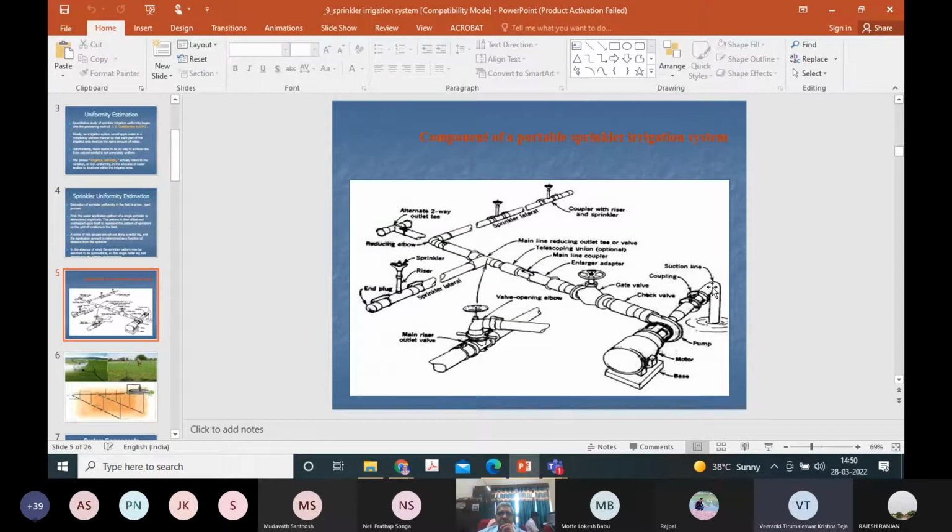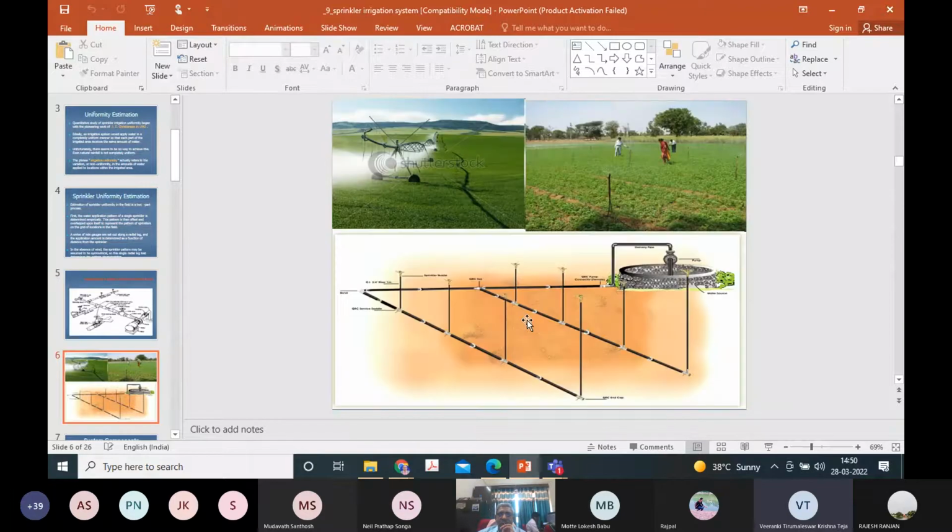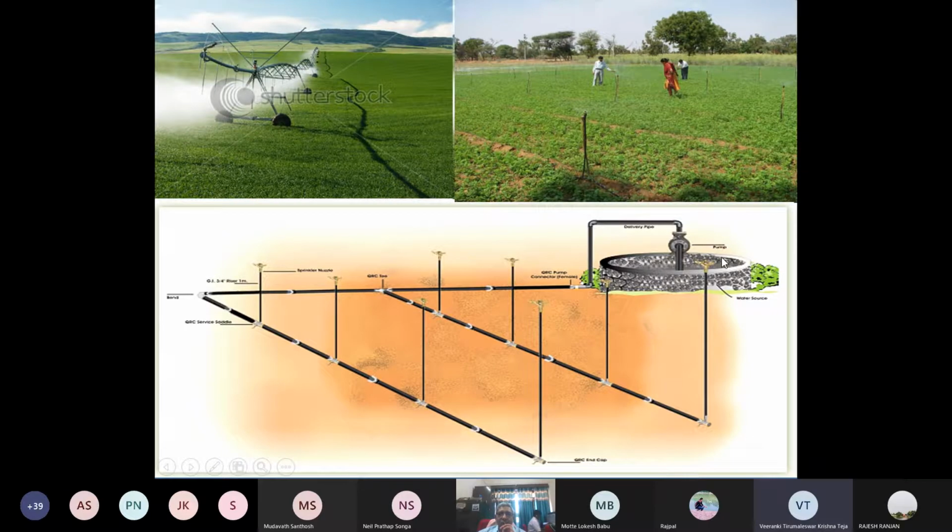We will now show you another way. Here the water is being pumped from a well, and then this pipeline is your main pipeline. This is the lateral pipeline, and on the lateral pipeline you can see the couplers.